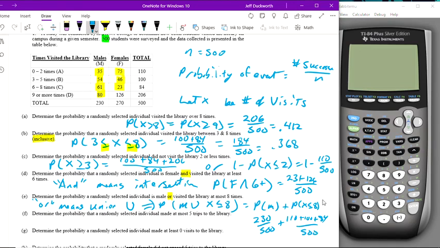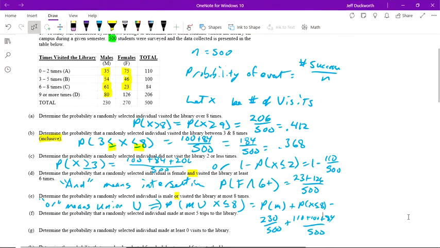And then we have to subtract the intersection. And let's stretch this out a little bit here. I'm going to use a calculator. So the intersection, probability of male, intersect, x is less than or equal to 8.